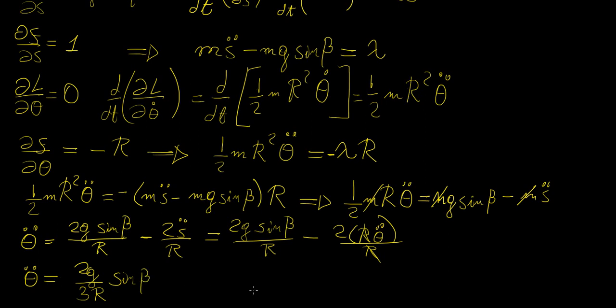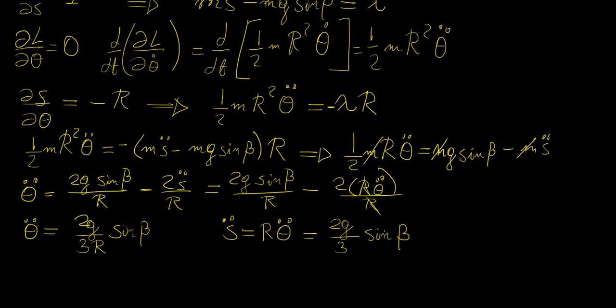And now what we can do is we can say, well, we know that s double dot has to be equal to r times this expression here. So basically we're going to multiply this by r, and that gives us 2g over 3 sine beta. And now we can find out what that constraint or what that constant is, lambda, by simply putting this into that equation.